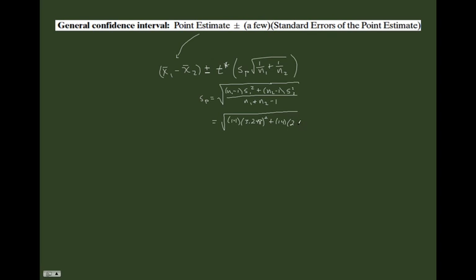The other standard deviation was 2.915. And the whole thing is going to get divided by 15 plus 15 minus 2. Now, if you do the calculation, what you end up with is about 12.3265. So that's the pooled standard deviation.